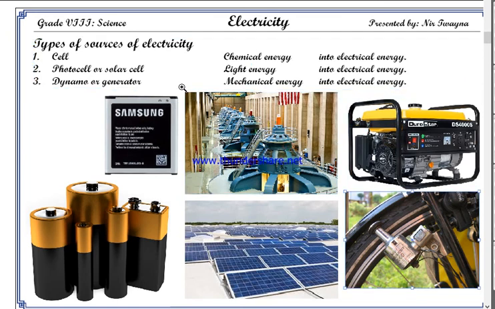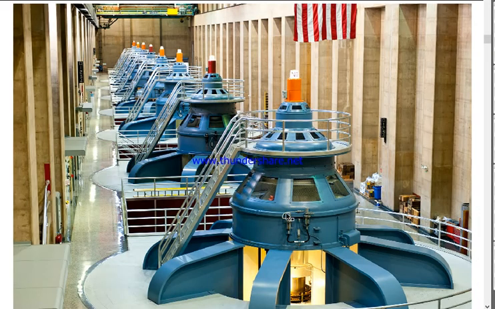Some of the examples you can see. This is an example of a turbine installed in a hydropower plant. In a hydropower plant, the turbines are rotated by using the force of water.